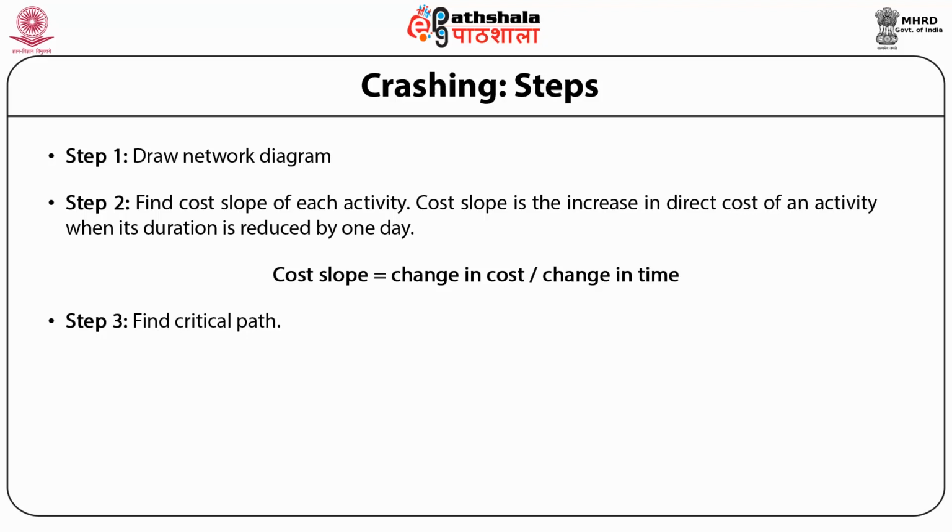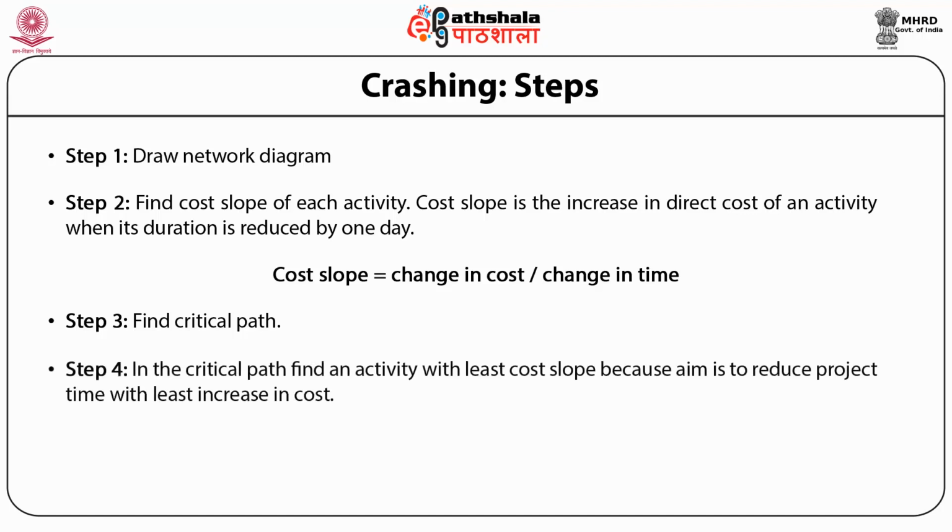Find critical path. As discussed, critical path is found by calculating EST, EFT, LST and LFT. By definition, critical path is the longest path in the network diagram. In the example shown, critical path is estimated by finding the longest path in the diagram.